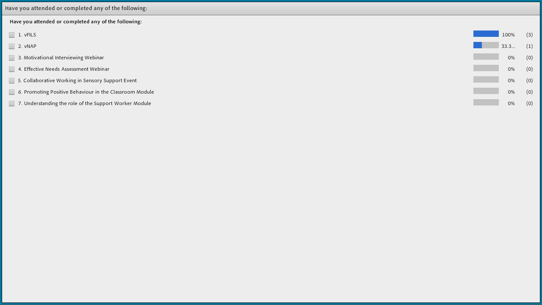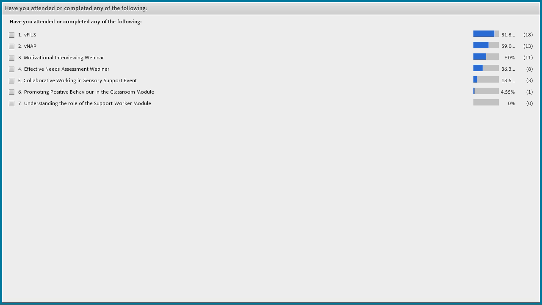So this next polling activity asks, have you attended or completed any of the following? Now, I do already recognise some names, but I just think it's quite helpful to share who within the group has already completed some professional development with us. So we have a huge number of you who have either attended or completed.